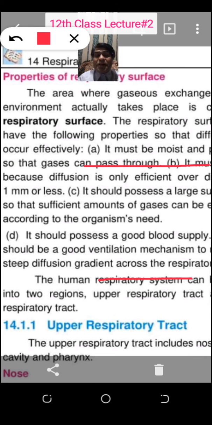So movement of gas from capillary to alveoli cell: which gas goes from capillary to alveoli cell? Carbon dioxide. And which gas goes from alveoli cell to the capillary? Oxygen. These two exchanges of gases are the backbone of the respiratory system. If this exchange is superior, you have a very good respiratory system.